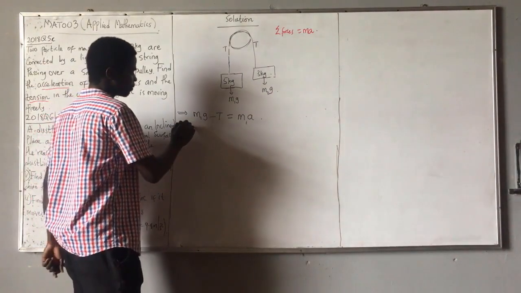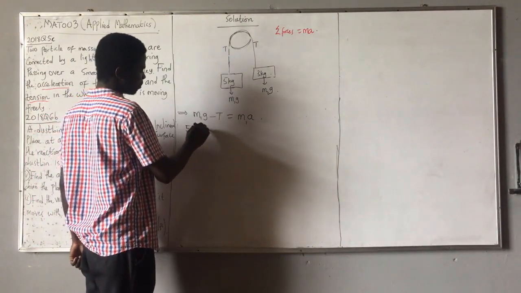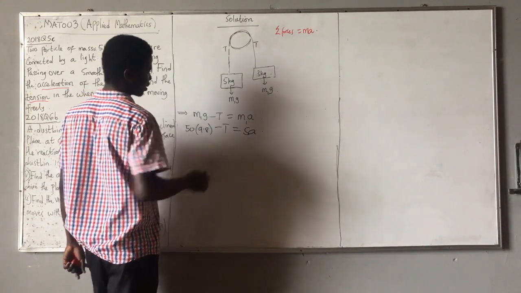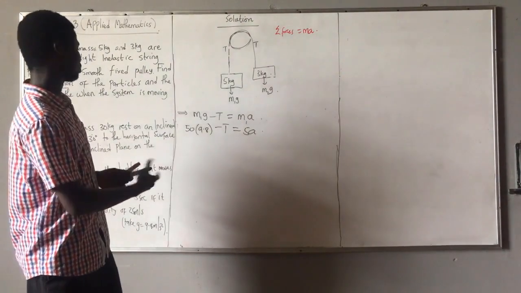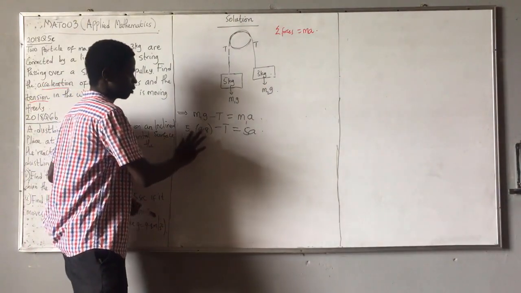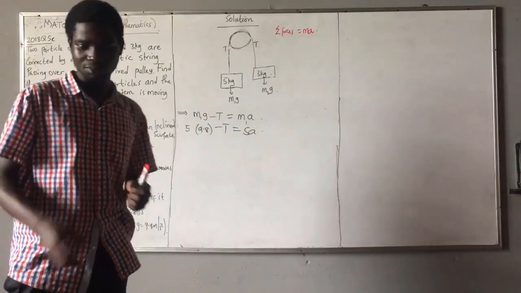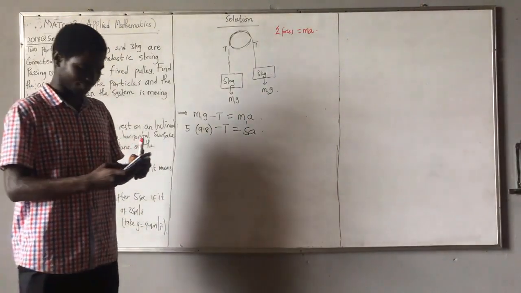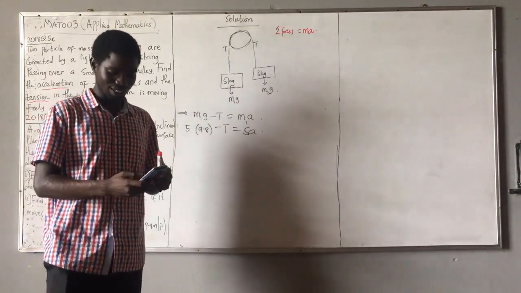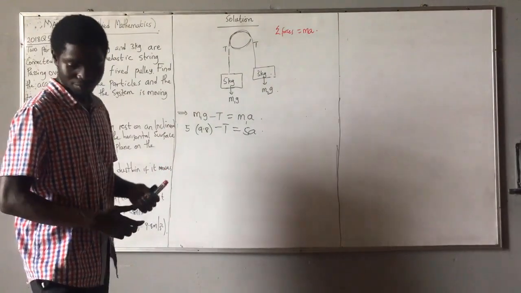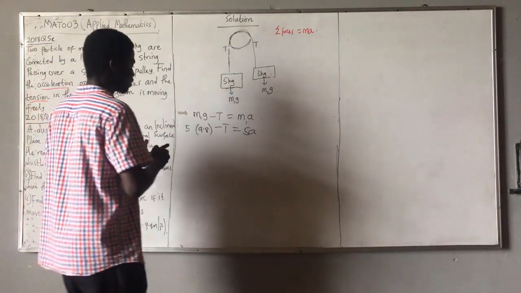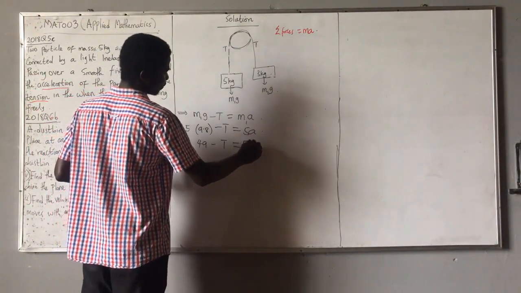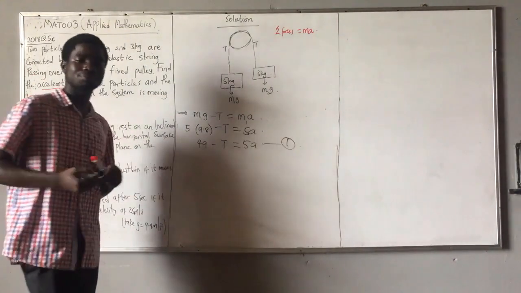So 5 multiplied by 9.8 gives me 49. So this is 49 minus T is equal to 5A. Call that equation 1.